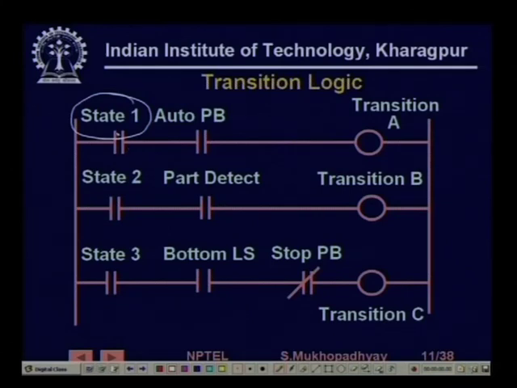It says that if the system is in state 1, then this contact will be made, and at that point of time, if the auto push button signal comes, then transition A will get enabled. So, it will be on. If we have modeled our system well, then at a time only one transition will get on, if we do not consider concurrency.